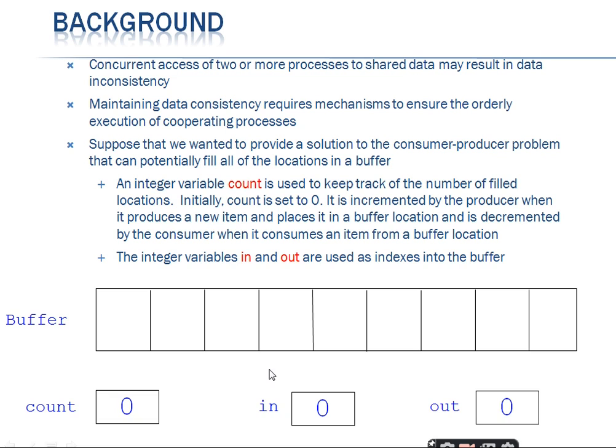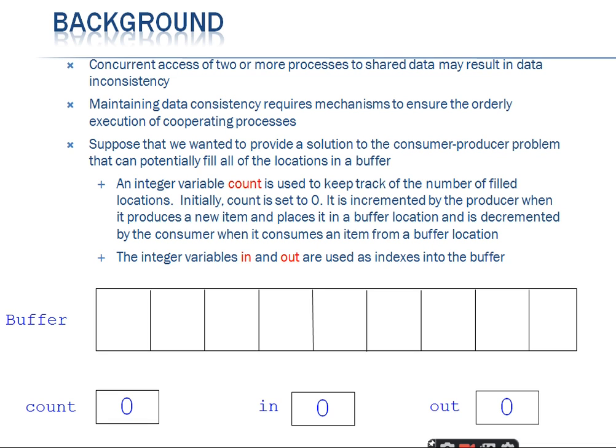And if the producer keeps on producing while the consumer is slow in its consumption, then it will overflow the buffer area. So this is the problem here, and we need to provide a solution to this.